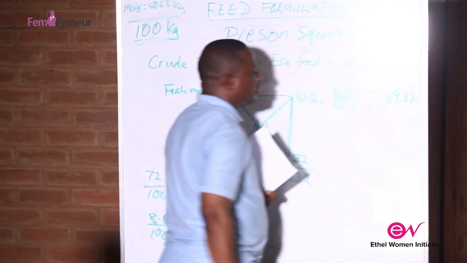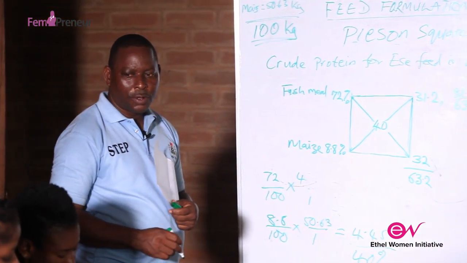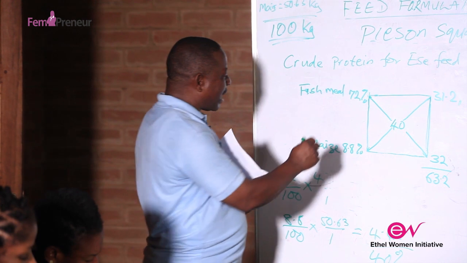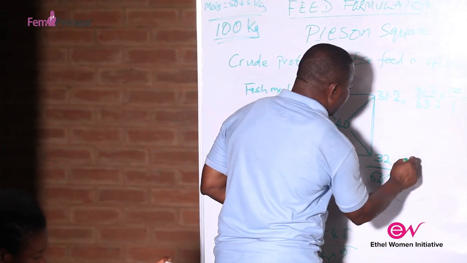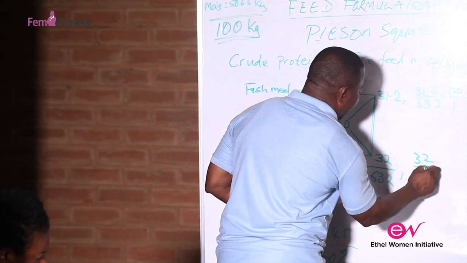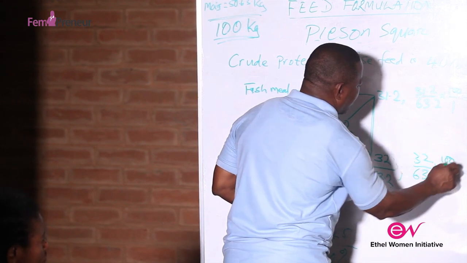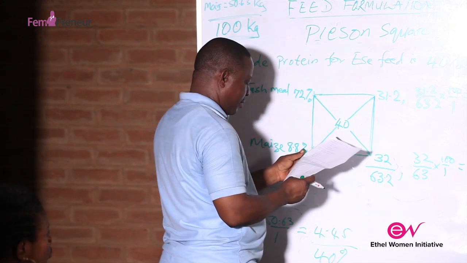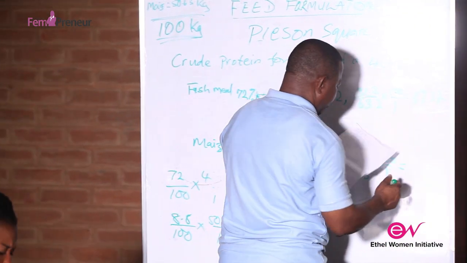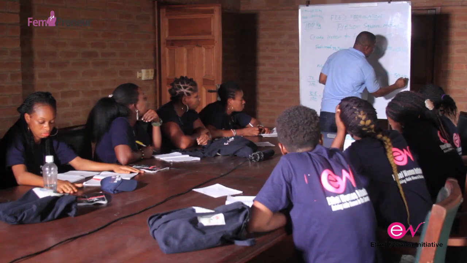Are you with me? The same thing applies to this. 32 over 63.2 times 100 over 1. What do you have? 50.63.